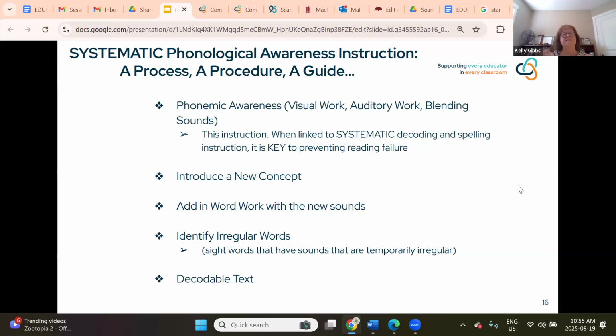And as they become known to students as we teach those sounds, then they are no longer irregular. They become part of the automaticity of learning. And all of this has to be applied to decodable text.